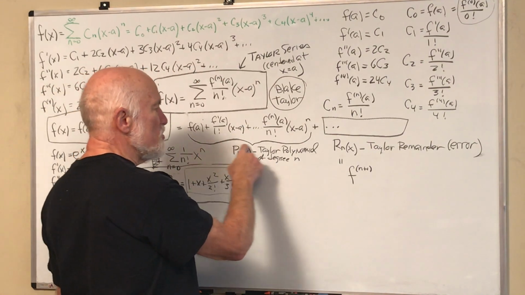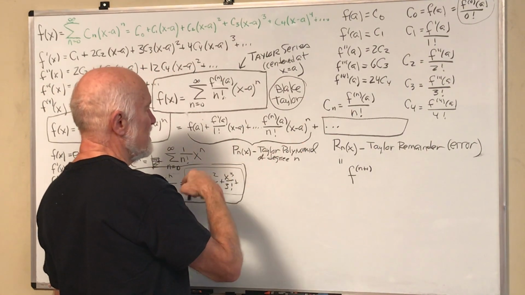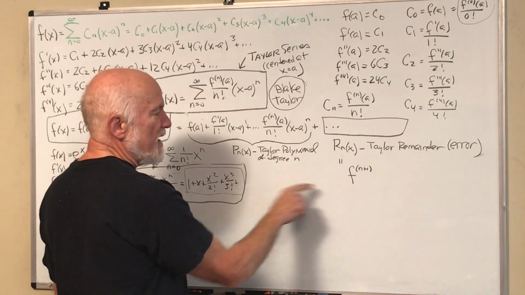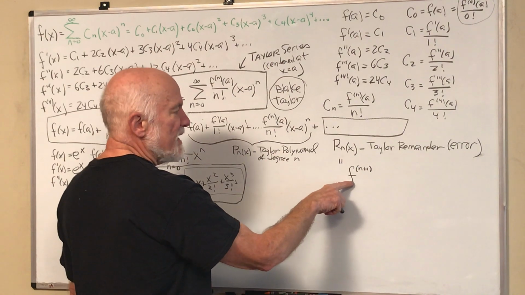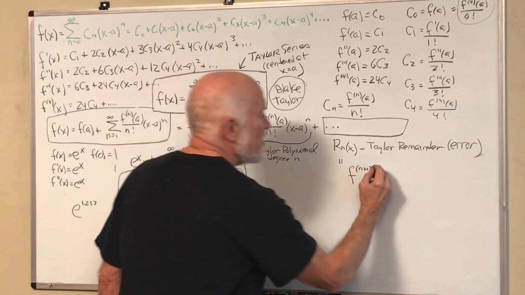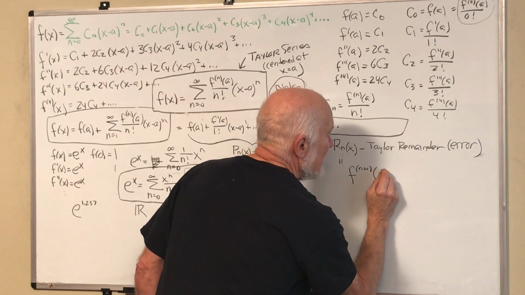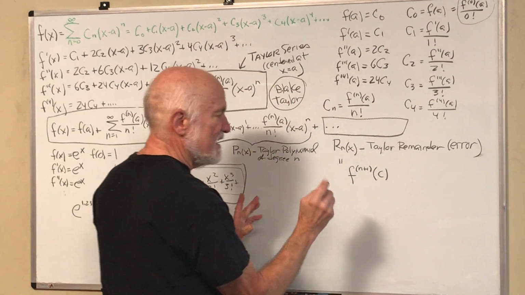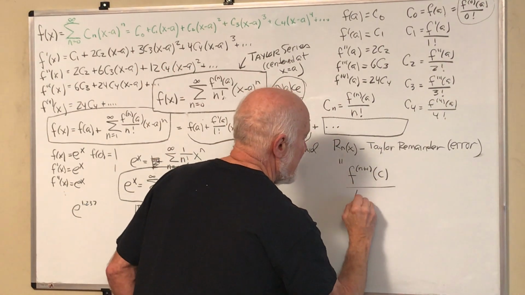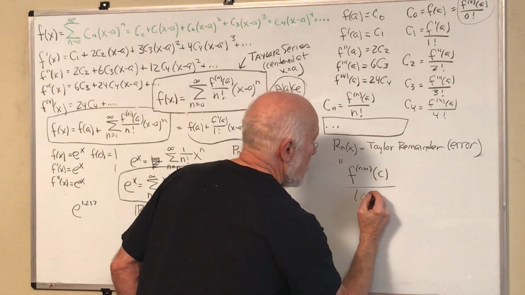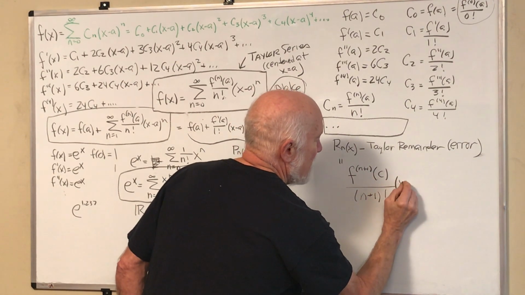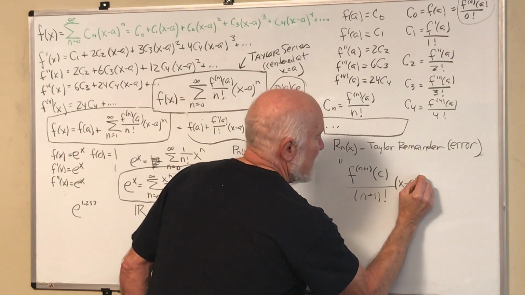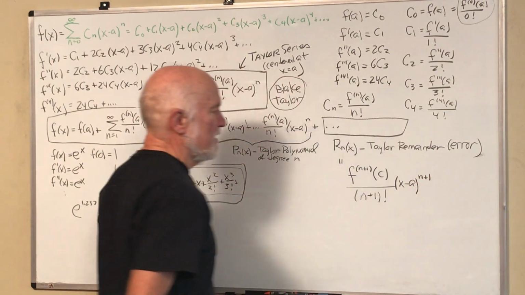In other words, if you use n terms, or you take an nth degree Taylor polynomial, the error is going to be found by taking the n plus first derivative at c, and dividing it by n plus 1 factorial times x minus a to the n plus first power.